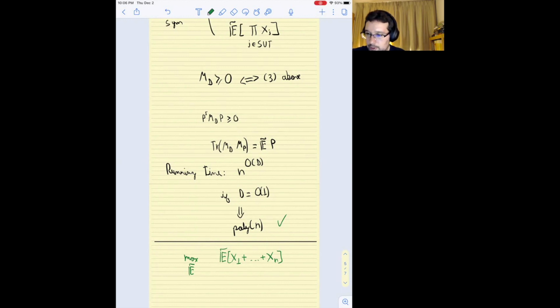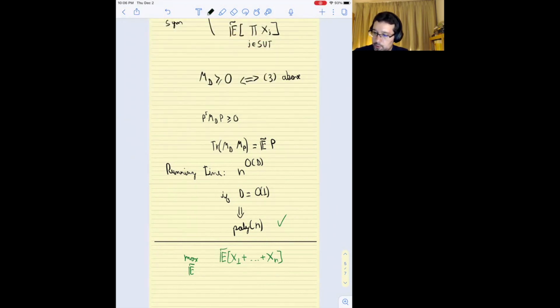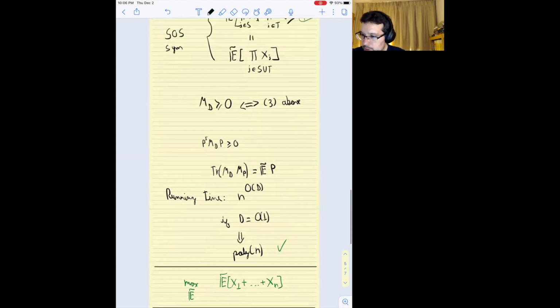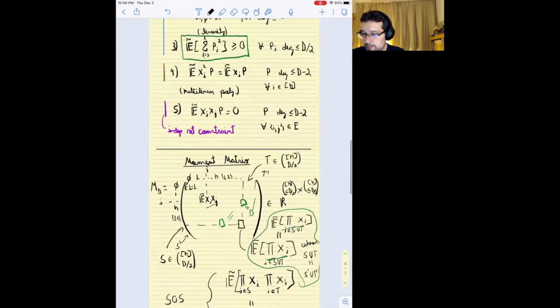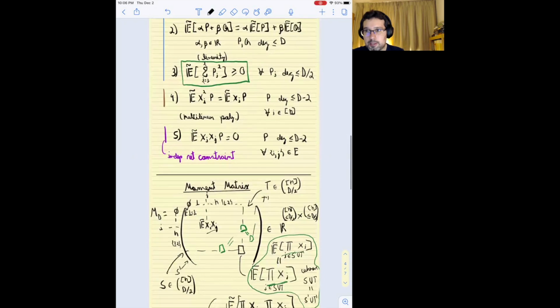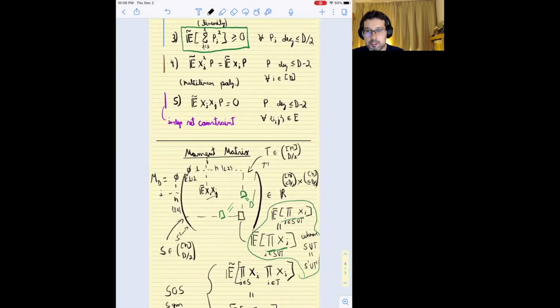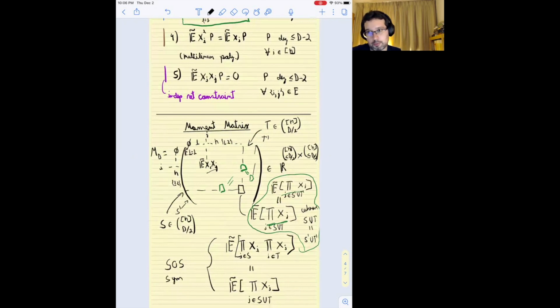So very good. I hope that makes things slightly clearer from what we discussed before. It seems like a lot of definitions, but at the end of the day, it's a big PSD matrix with a bunch of linear constraints, and a global PSD constraint.